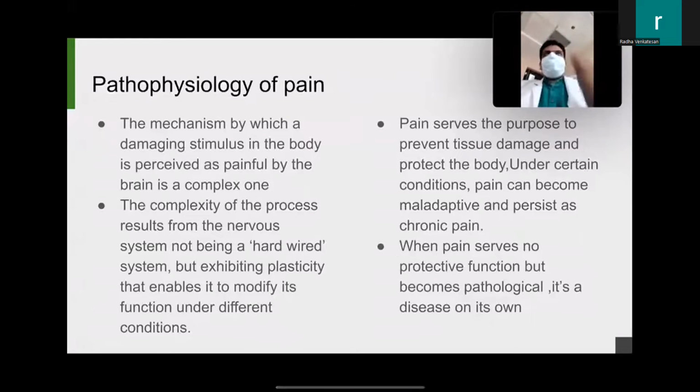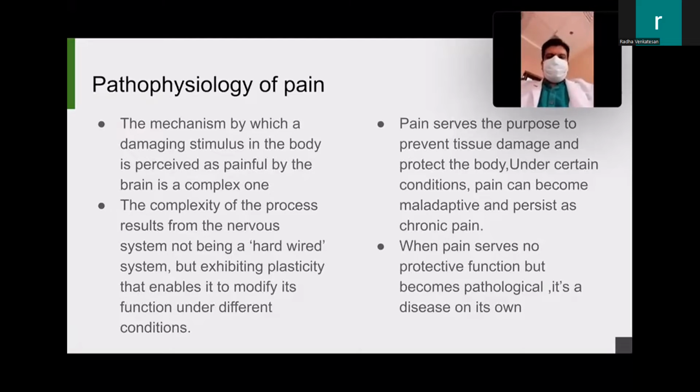Next, we'll come to the pathophysiology of pain. The mechanism by which a damaging stimulus in the body is perceived as pain by the brain is a complex one. What is the complexity? The complexity of the process results because the nervous system is not a hardwired system. It is tricky. It doesn't have only one particular response. It is smart.